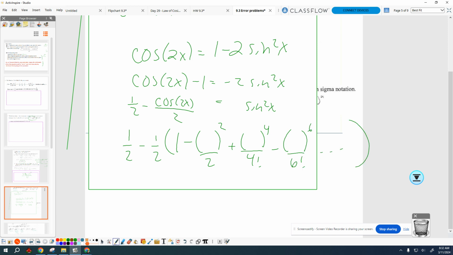What goes in the parentheses? Not x. Distributing out, the 1/2 minus the 1/2 goes away.